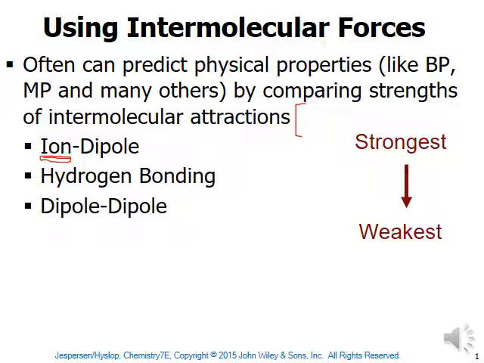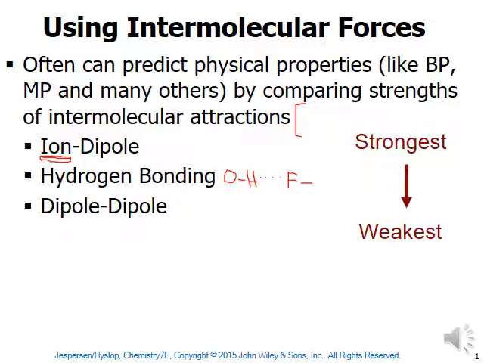Remember, hydrogen bonding is a special kind that goes between a hydrogen that's attached to a highly electronegative atom like oxygen, fluorine, or chlorine, and there's a dipole to another highly electronegative atom like fluorine, oxygen, or whatever.